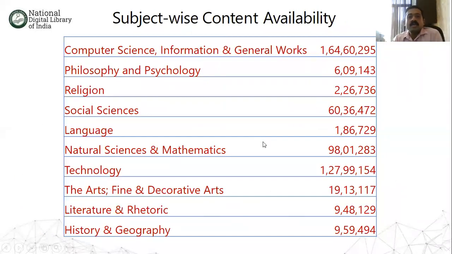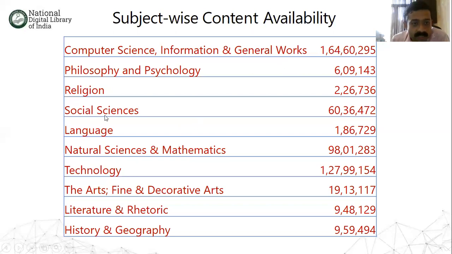Then about the subject categories, you can see that most of the books are in general works and computer science. Then it can be categorized into different sections: philosophy, religion, social science, language, natural science, technology, arts, literature, etc. More than 1.64 lakh resources are in computer science and general works.